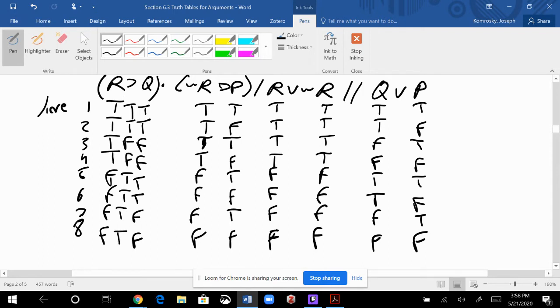Okay, and keep in mind, what I'm trying to do is, in this first premise, we have one premise, two premises, conclusion, right? What's the main operator here? That's what I'm trying to show.